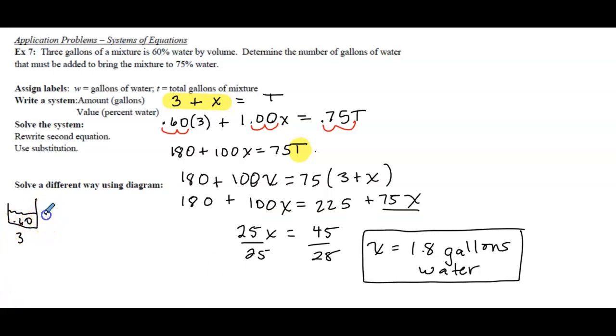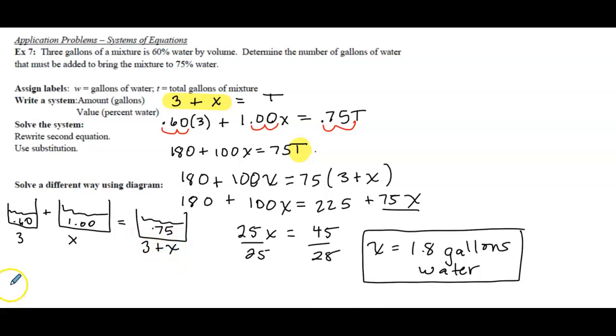And then I'm going to add some mixture, it's going to be 100% mixture, but I don't know how much of it I need to add, because that's your water that you're adding. And it's going to equal, and then your mixture here, you want it to be 75%. And the amount of mixture would be the 3 plus the x.